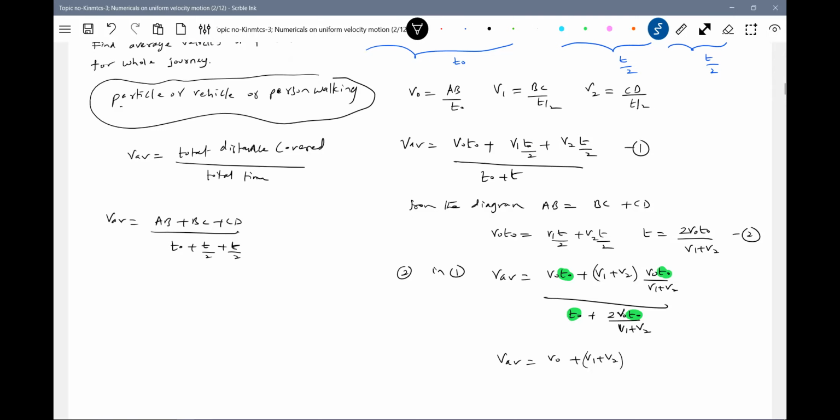Even that V naught is getting eliminated, no? Okay, so this will become 2 V naught, V1 plus V2.